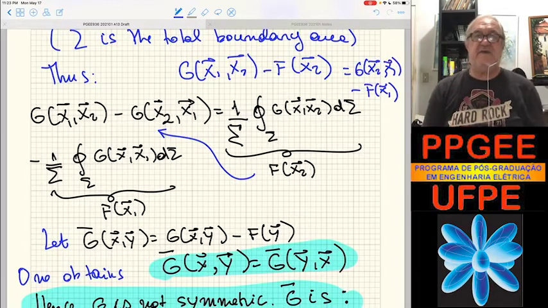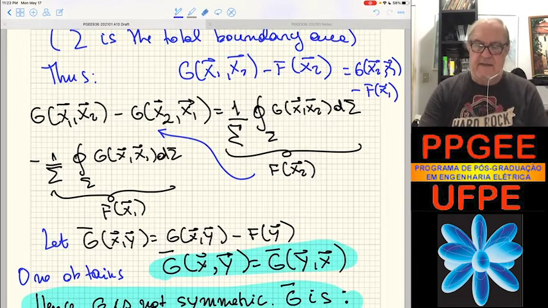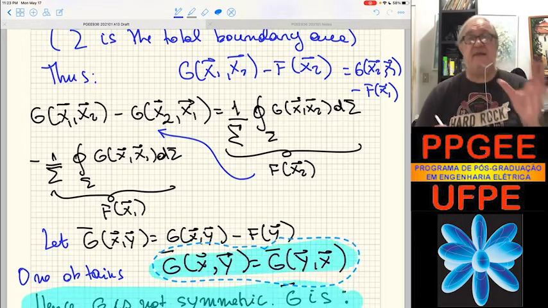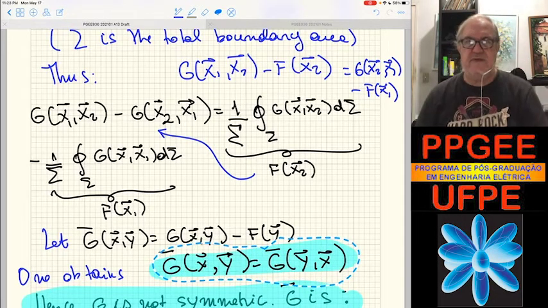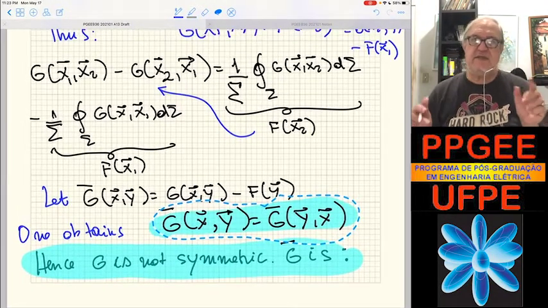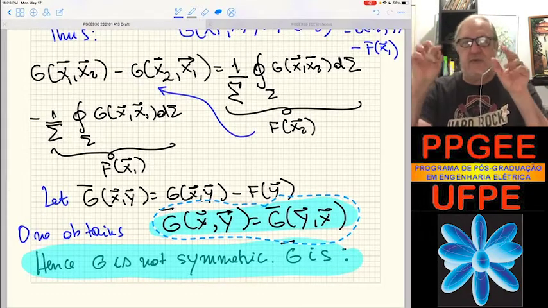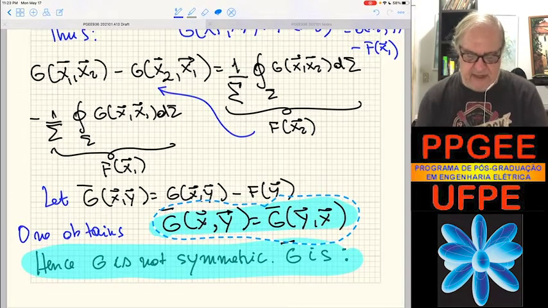So it means that these functions are equal. So if I build this function g bar, by definition equal to g of x, y minus f of y, this function is symmetric. Not the original Green's function, but this, let's say, pseudo Green's function is going to be symmetric. Okay? So rigorously, the Green's function is not symmetric, but I can construct a pseudo Green's function that is going to be symmetric. Okay?